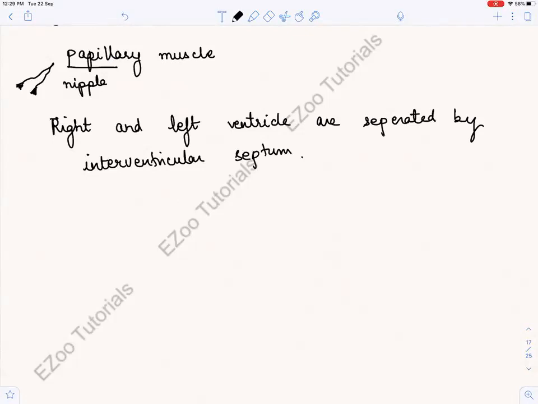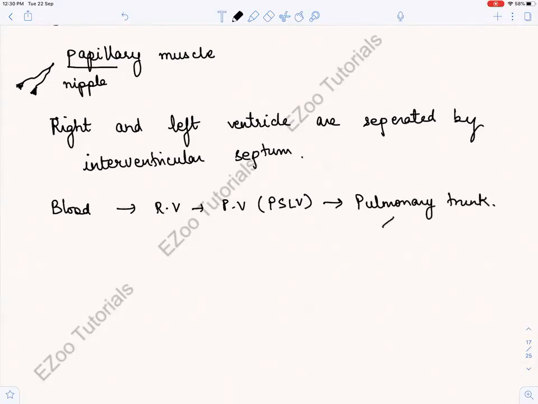So what happens basically? Blood passes from the right ventricle through the pulmonary valve, or the pulmonary semilunar valve that we had written, into a large artery, and that artery is the pulmonary trunk. And this pulmonary trunk divides into right and left pulmonary arteries, right?